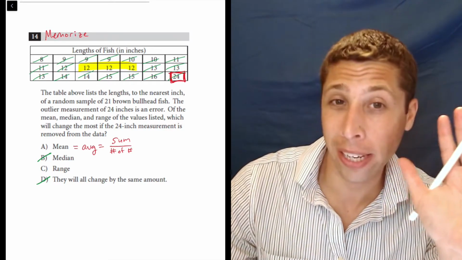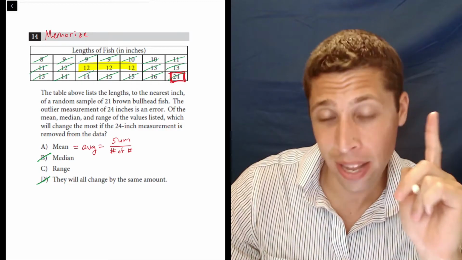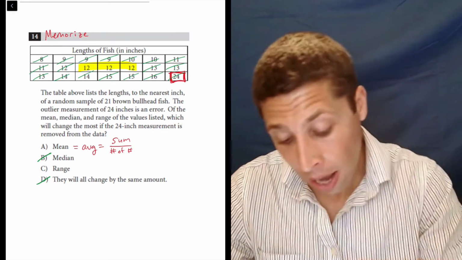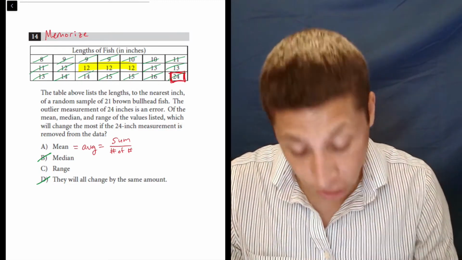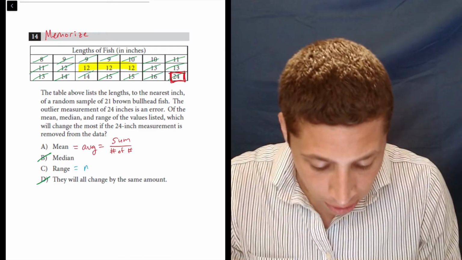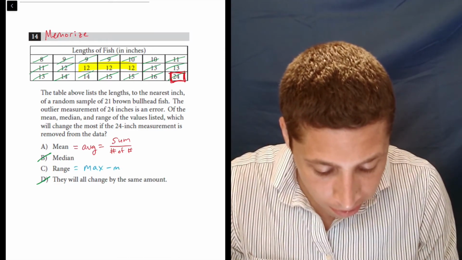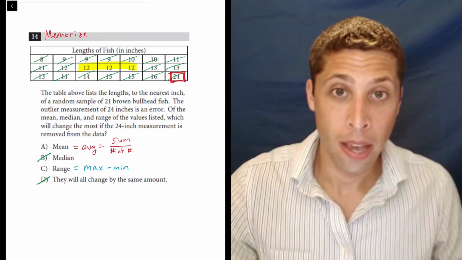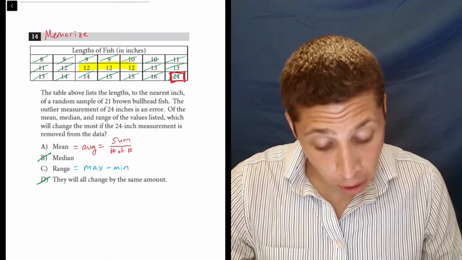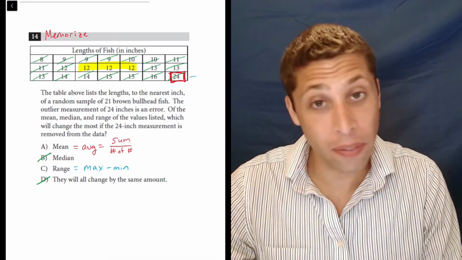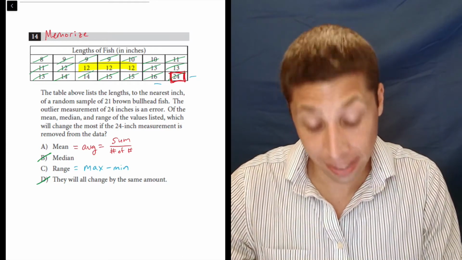I'd really rather not calculate it. And I can get away with not calculating it because I have memorized what the range is. The range is the maximum minus the minimum. So that's going to change by a lot. To start, my maximum is 24, but if I remove that, my new maximum is 16.